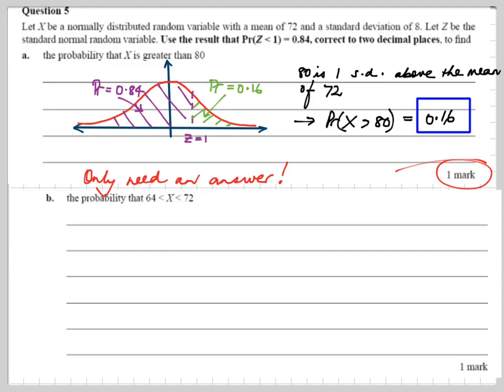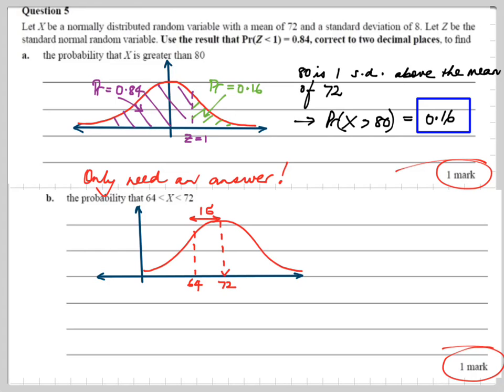Okay, now we're going to work out the probability that x is going to be between 64 and 72. Again, I think a diagram is a great thing. It's only a 1 mark question, so it's not meant to be very hard, but a diagram will always save your life. It'll tell you what we're supposed to be doing here.